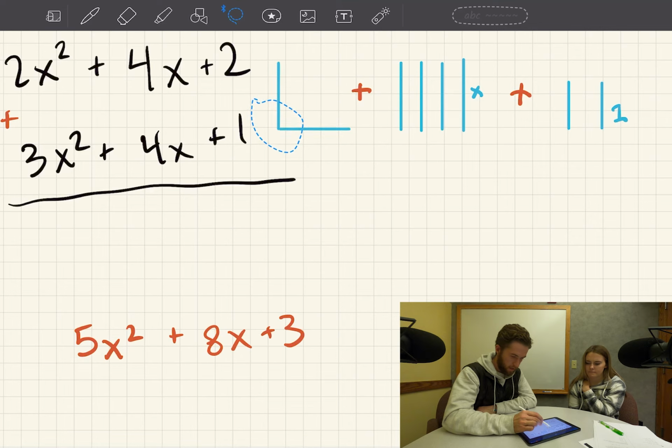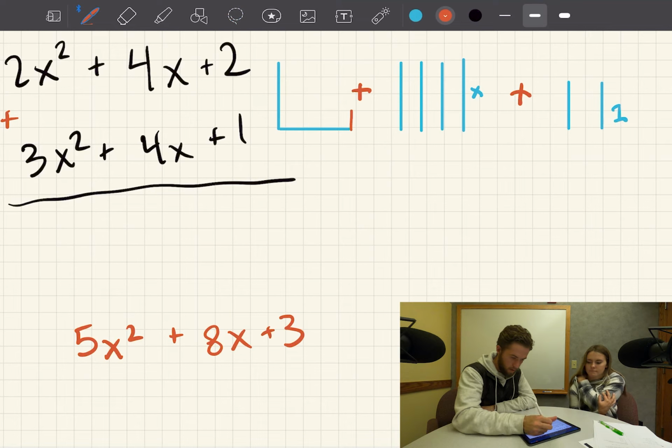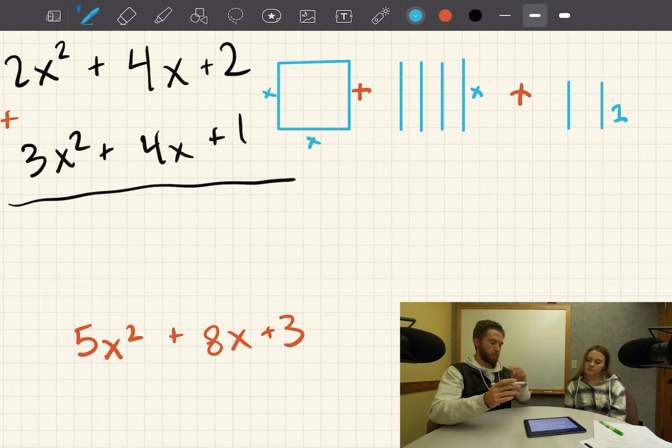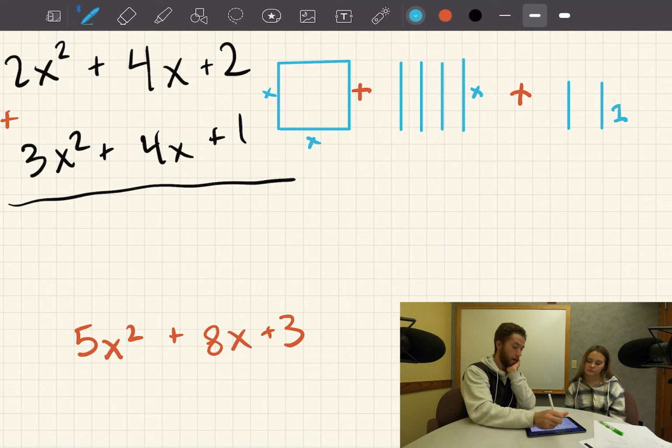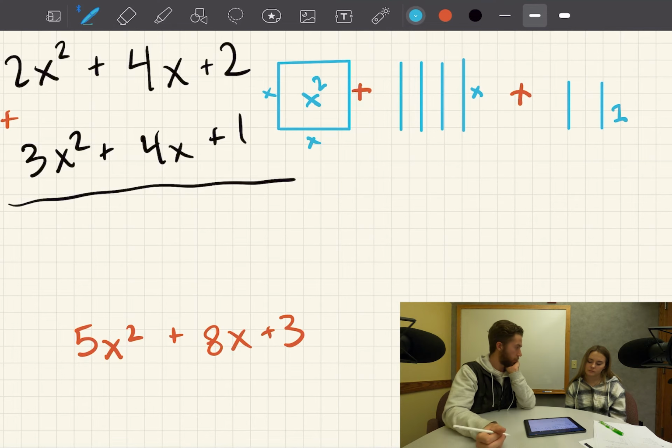So x by x. So this is length x by length x. When you multiply 2 x's together, you're making a square that's area is x squared.